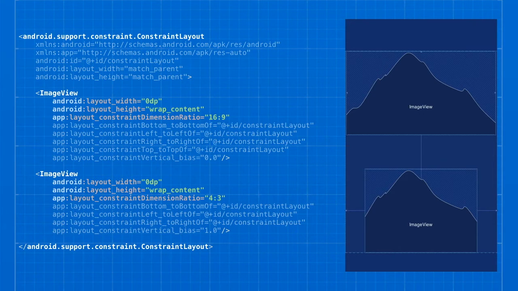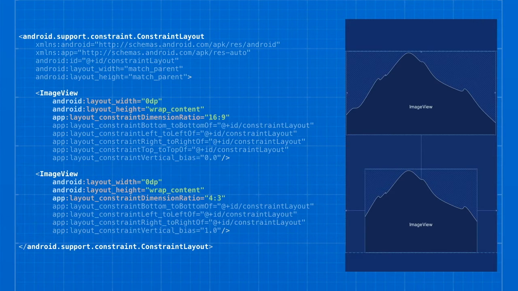So when you define this view, one of the sides, whether it's width or height, has to be set to 0 so that it can be considered flexible or any size. And constraint layout will do the work of measuring the other dimension and then ensuring that the flexible dimension is measured to keep that aspect ratio.